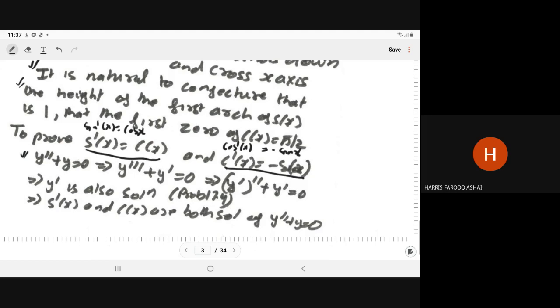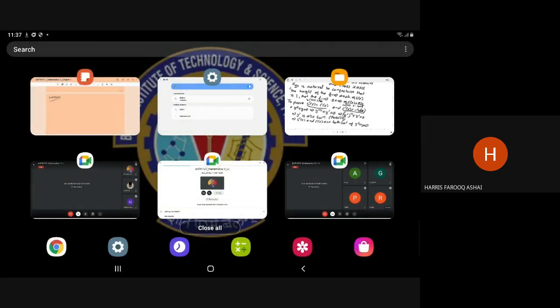In section 17 we have determined the solution. In section 17 you have studied y double dash plus p y dash plus q y is equal to 0, the second order differential equation with constant coefficients. Say y is equal to e to the power mx is a solution of the first.